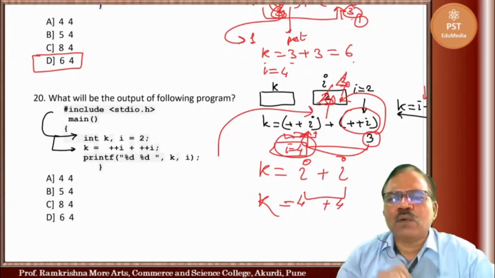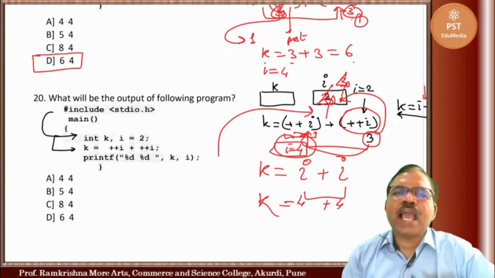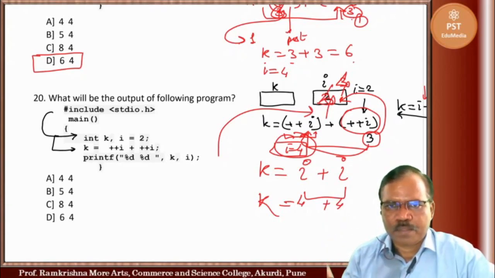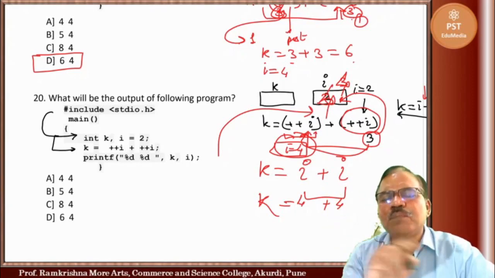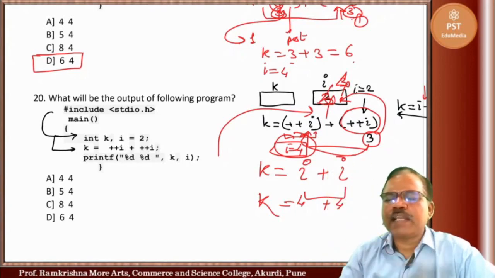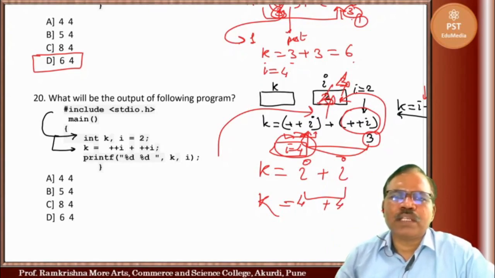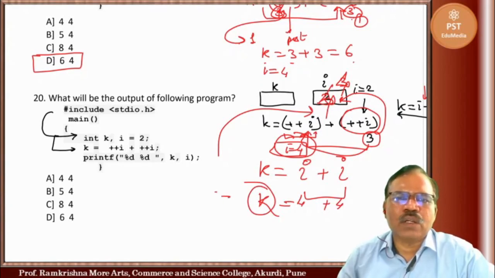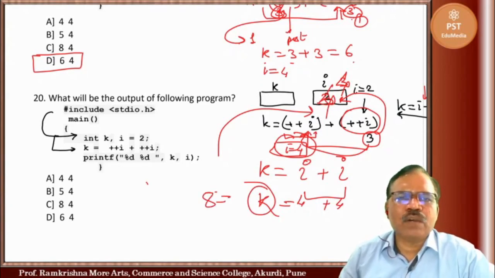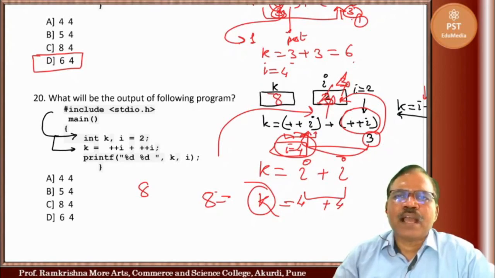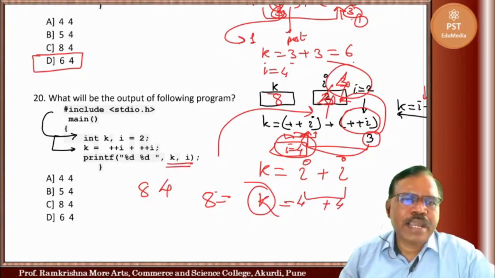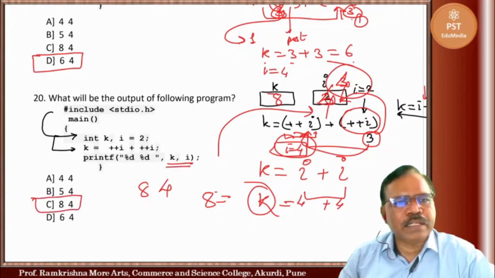Then addition is i plus i. When it goes to the memory location, i will be 4, so it will carry 4. That's why 4 plus 4 is equal to k, that is k equal to 8. So 8 is stored at the memory location of k, and i is 4. So 8 4 will be printed.